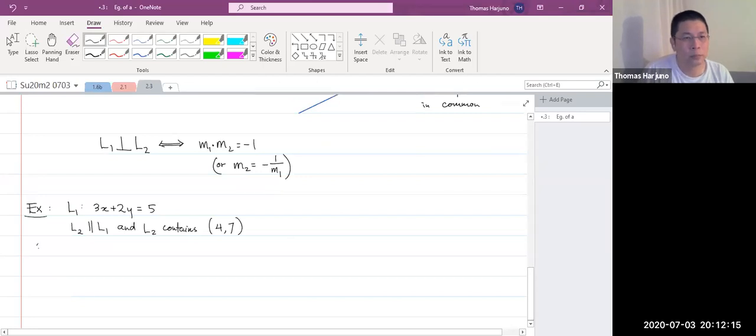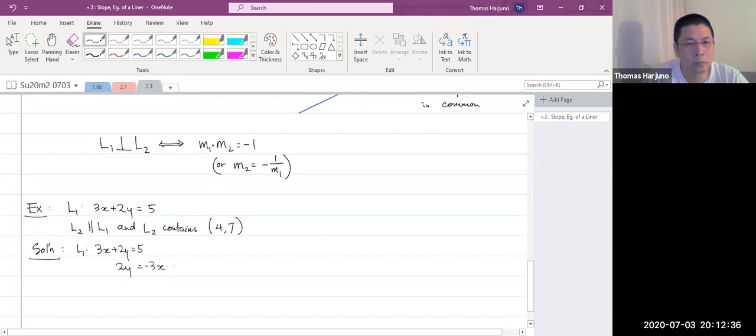Solution. The method I show you here is the method from algebra 1, actually, in beginning algebra. So what I do is I try to find the slope for line 1 first, and basically I isolate the y by itself.